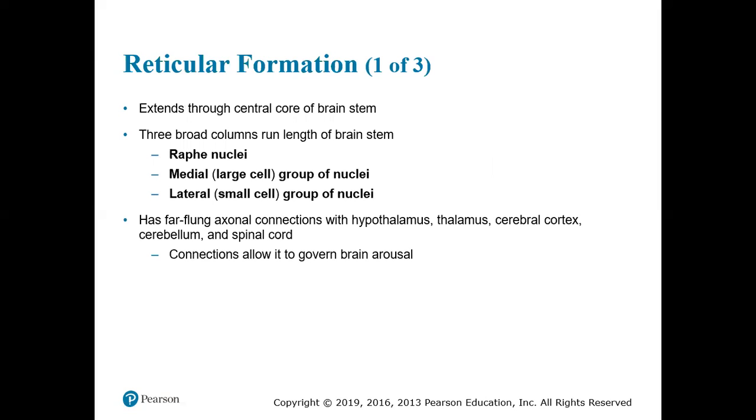Now, when we talk about the reticular formation, the reticular formation extends through the central core of the brainstem. It has 3 columns: the raphe nuclei, the medial group of the nuclei, and the lateral group of the nuclei.